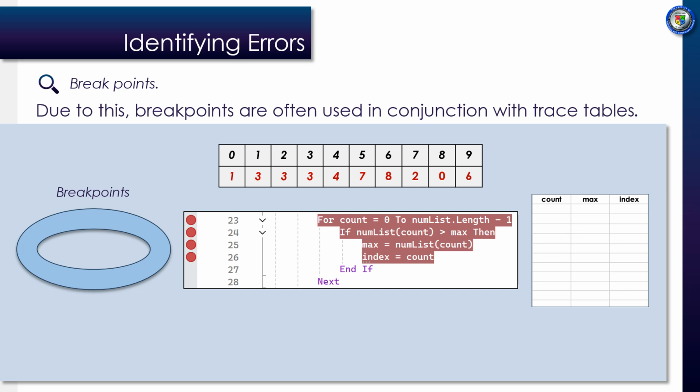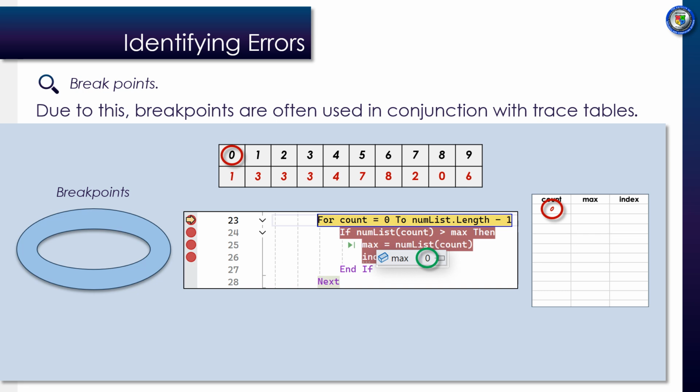In this example, we will traverse through an array using a finding max algorithm, and we have inserted 4 breakpoints within our code at lines 23, 24, 25 and 26. We will work our way through the code, and at the first line we can see that count is 0 because we are entering the loop for our first iteration.